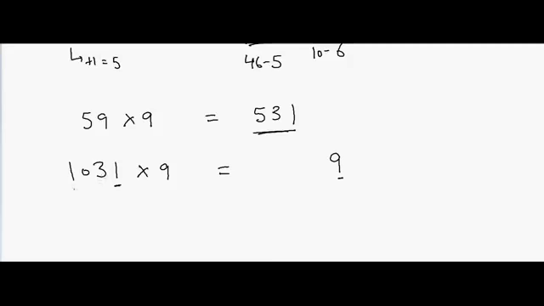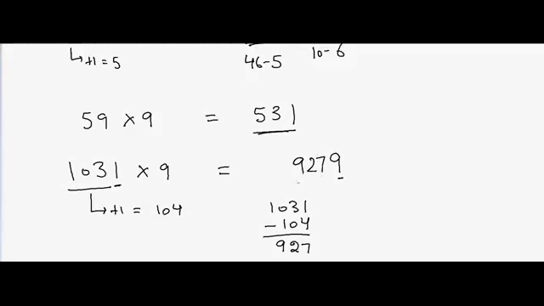Then I have 103, and I add 1 into it, that will be 104. And then I have to subtract 1031 minus 104. This could be a little tricky for some people, but if you look, it's not that hard. It's 927. So the answer will be equal to 9279.